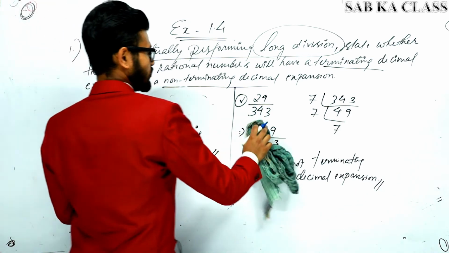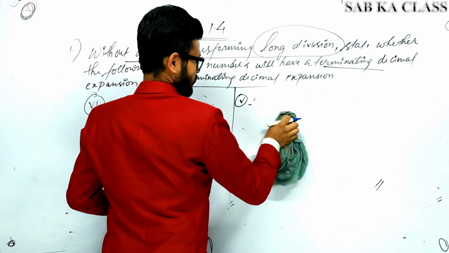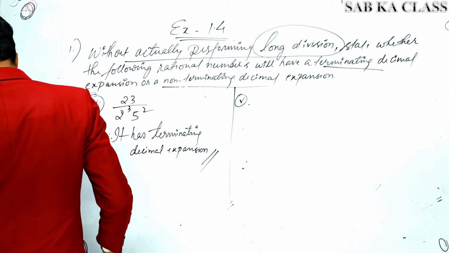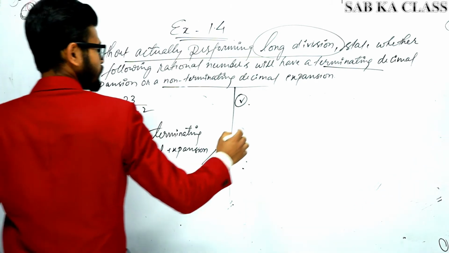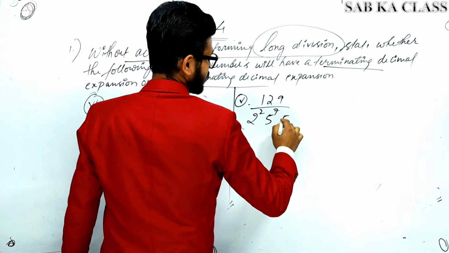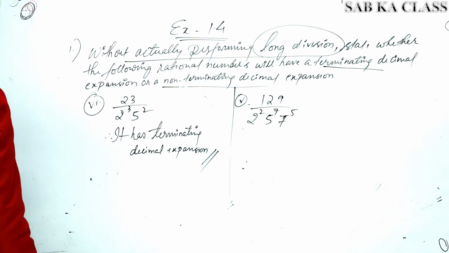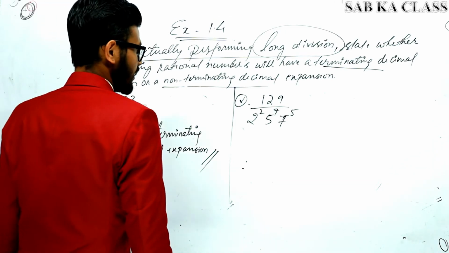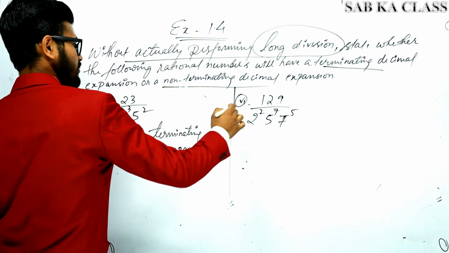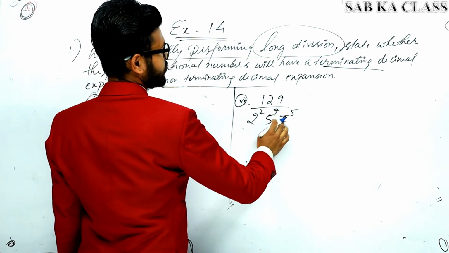So this is our next question, number 7. 129 by 2 to the power 2, 5 to the power 7 and 7 to the power 5.